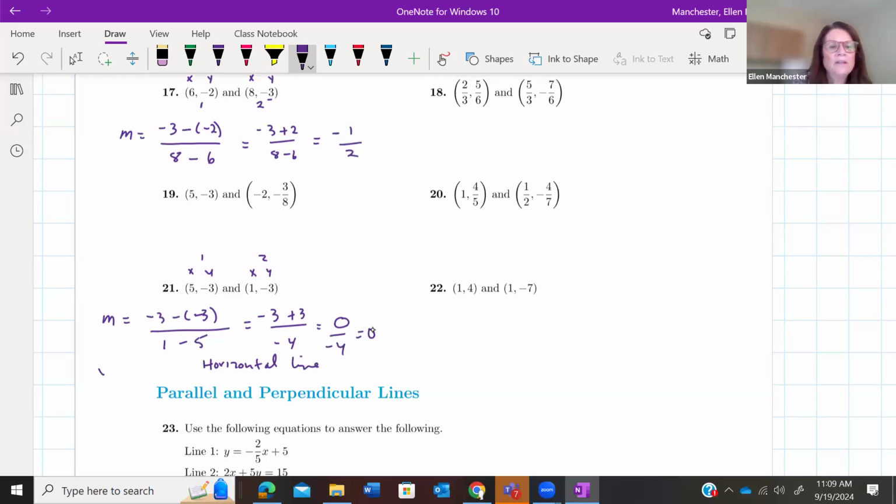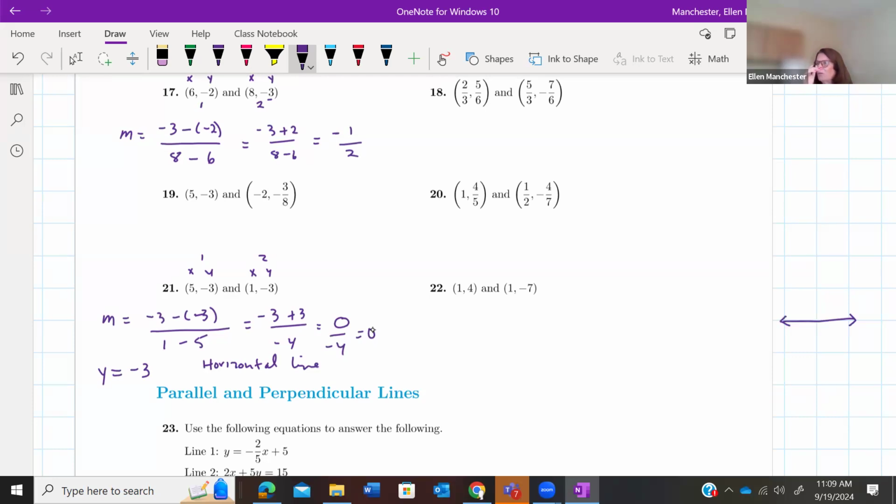This would be the equation y equals -3. Right? So if you have a horizontal line, and you're looking at the slope, does 0 make sense? I have 0 rise, -4 run.